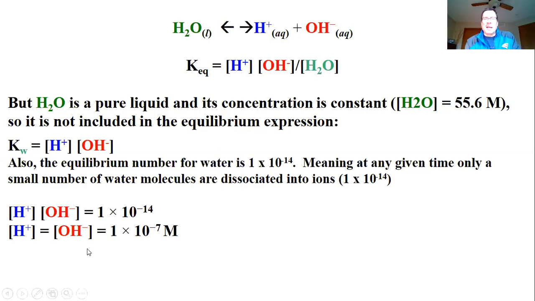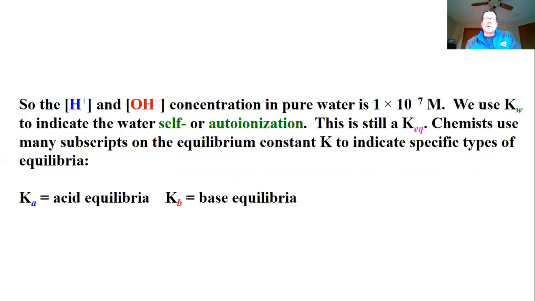And what I'm pointing out to you is 10 to the minus 7th, that's 7, if you remember your pH scale, is a key component to pH. All right. So the hydrogen hydroxide concentration in water is 1 times 10 to the minus 7th. And they call that the water equilibrium, to indicate what is that number at equilibrium when water dissociates and self-ionizes.